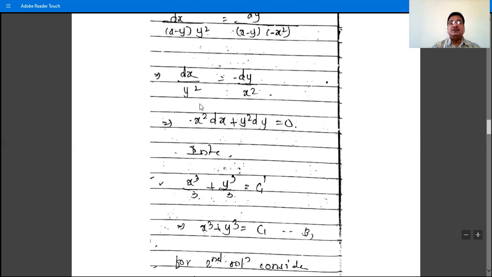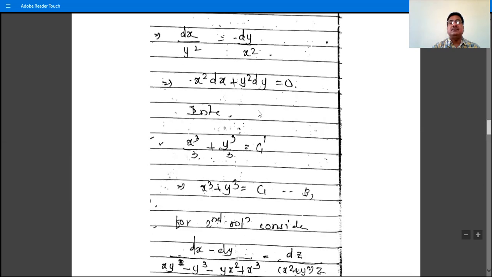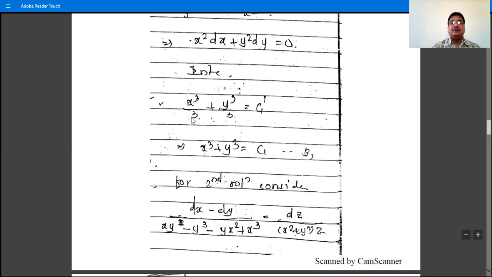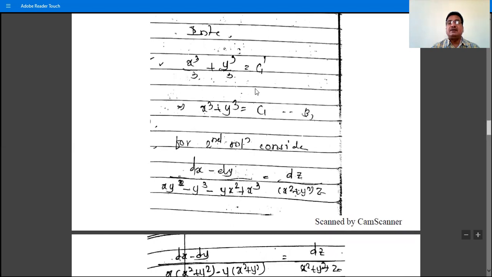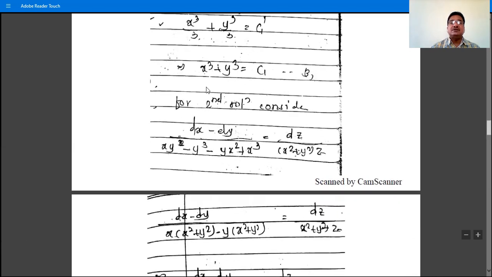Then separate the variables: x square dx plus y square dy is equal to 0. Integrating, x cube by 3 plus y cube by 3 is equal to c1 dash. Multiplying by 3 and writing 3c1 dash as c1, this is equation number 3.